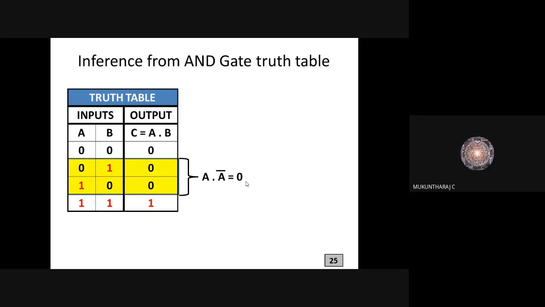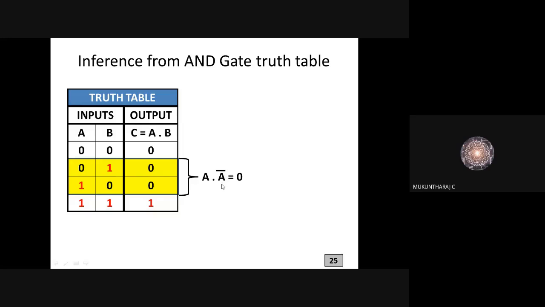Is it clear? A variable and the complement of that variable, by doing an AND operation on these two data, you will get logic 0 as the output. A dot A bar produces 0. For example, if I am taking A equal to 0, then what is the value of A bar?